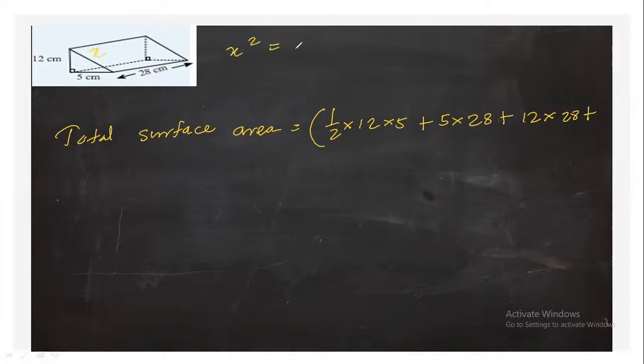X squared equals 12 squared plus 5 squared. X squared equals 144 plus 25. X equals square root of 169, that is 13 centimeter.